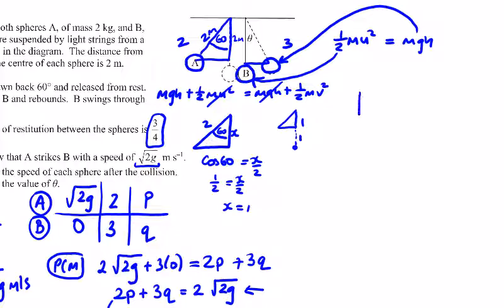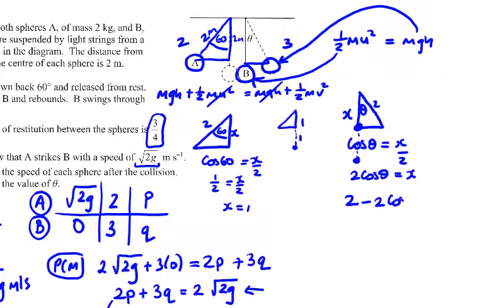If we set up our triangle with theta and with 2, we want this side here. We say the cos of theta is equal to x over 2. So 2 cos theta is equal to x. So the height above ground is the total, which is 2 minus x, which is 2 minus 2 cos theta. So that's how we can get cos theta into this question.